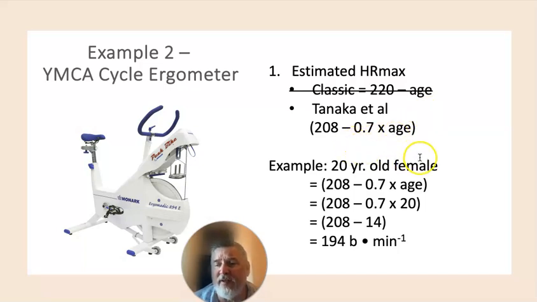For a 20-year-old female, we have 208 minus 0.7 times 20. If you remember from math, we do the 0.7 times 20 first and get 14. So it's 208 minus 14 equals 194 beats per minute. That's her age-predicted heart rate max.